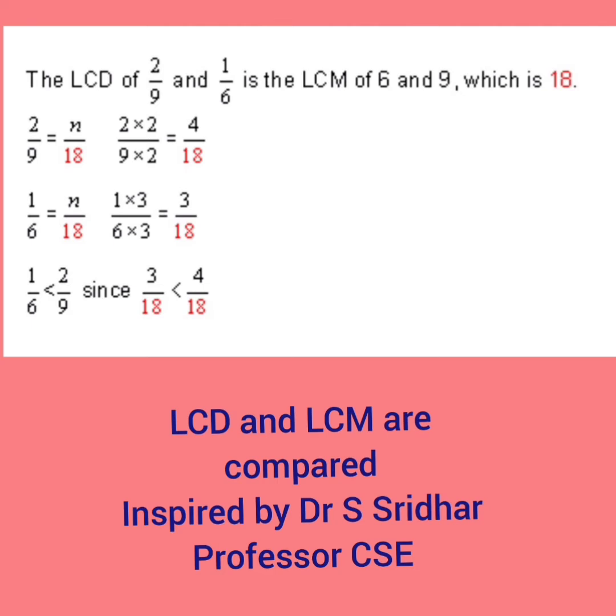Now 1 by 6 is strictly less than 2 by 9, since 3 by 18 is strictly less than 4 by 18. So from this you find that 18 is the solution, and this way the LCD and LCM are compared in this example. It is a very interesting example, slightly with complication.